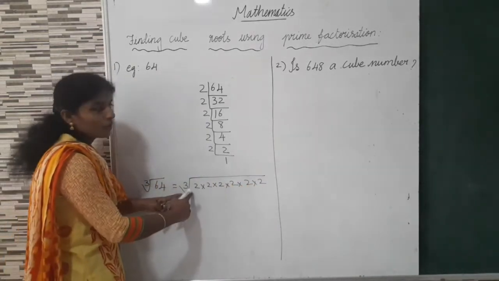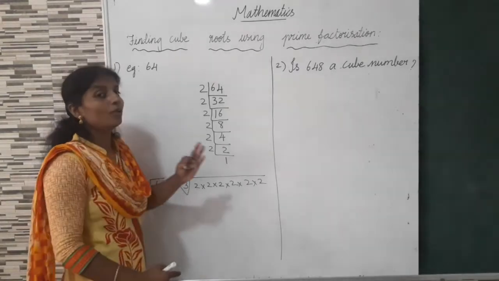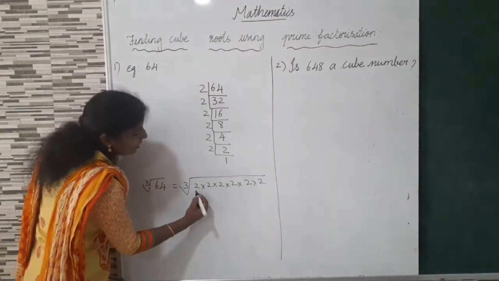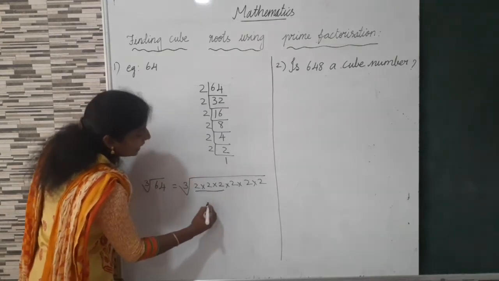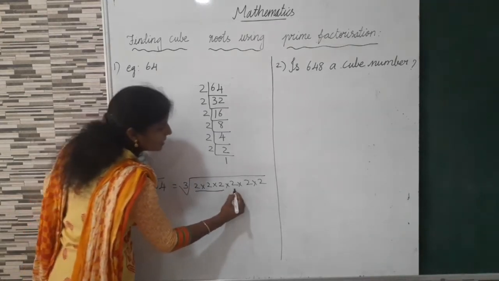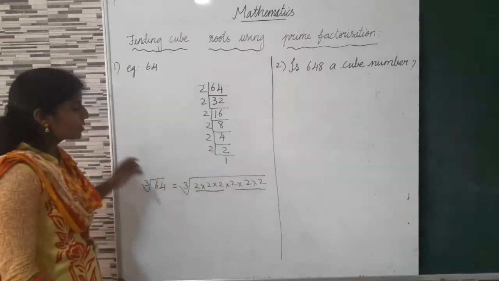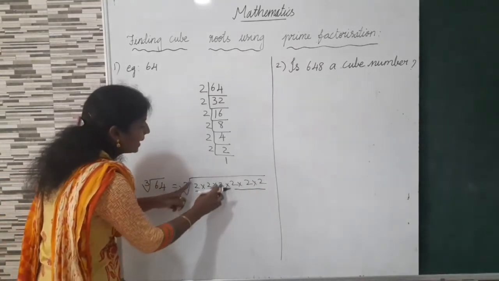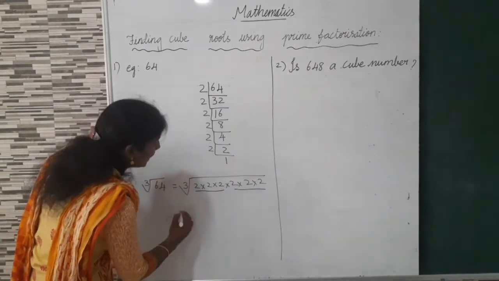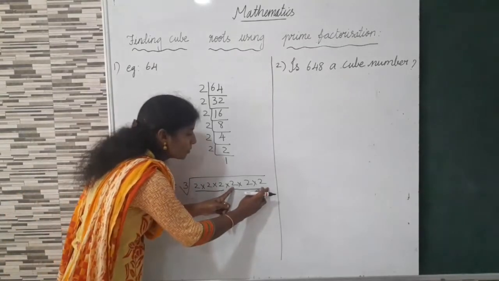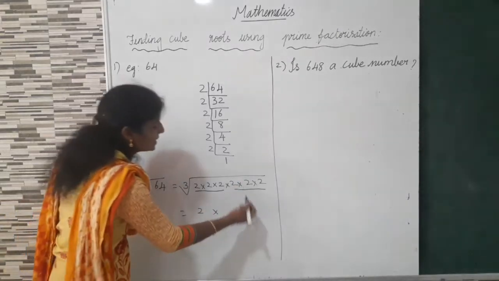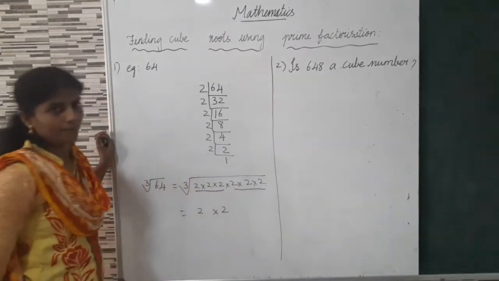This is a cube root, so we can take 3 in 1 outside. Here 3 times 2, so we can write only one 2, into, again we have 3 times 2, so we can take only one 2 outside.